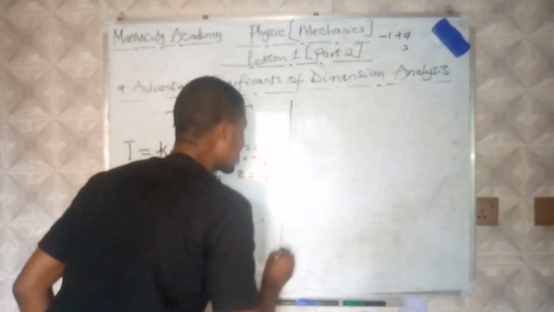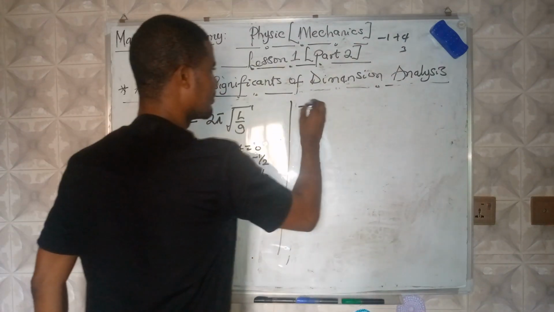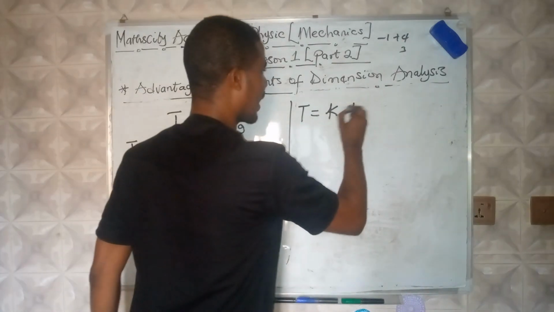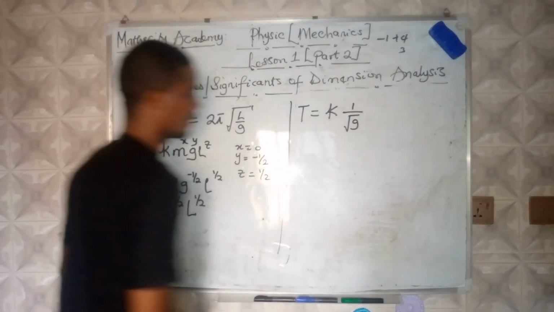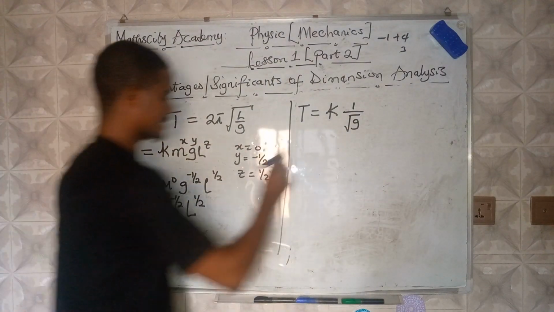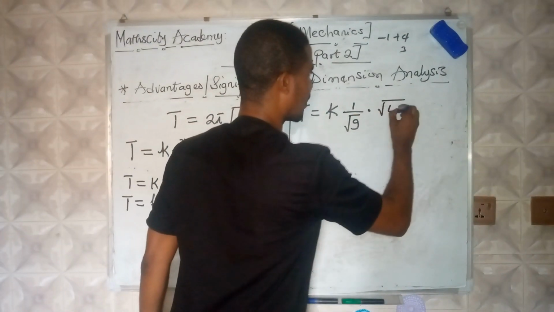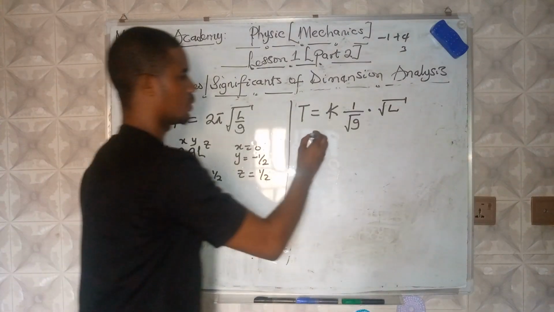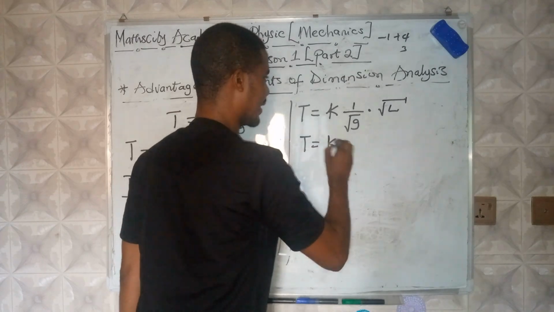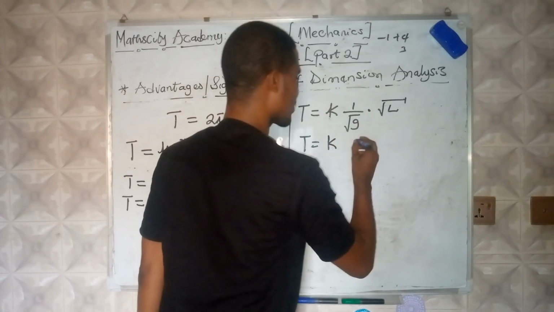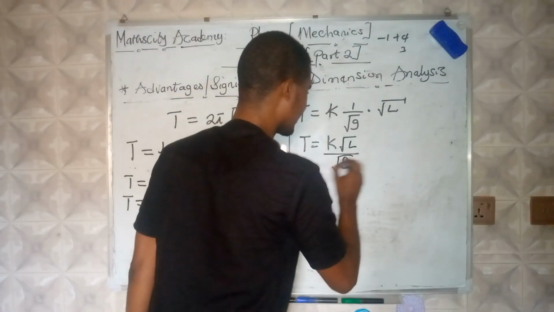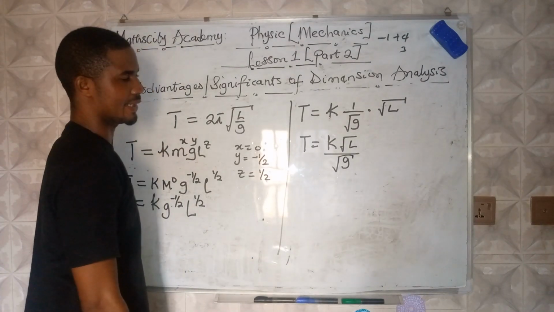Okay, this continues. We have T equals K. This is the same thing as 1 over root of G, we all know this, and this is the same thing as root of L. This continues as K times 1 times this, which gives K root of L over root of G. This is correct.